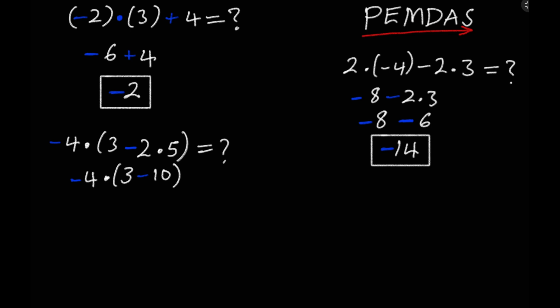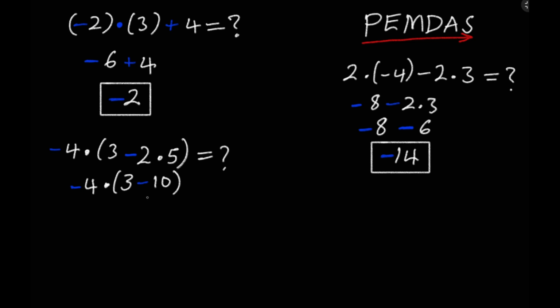That is 10 minus 3 is 7. Because 10 is bigger than 3, we use the sign of 10, which is negative. So we have negative 7 here.